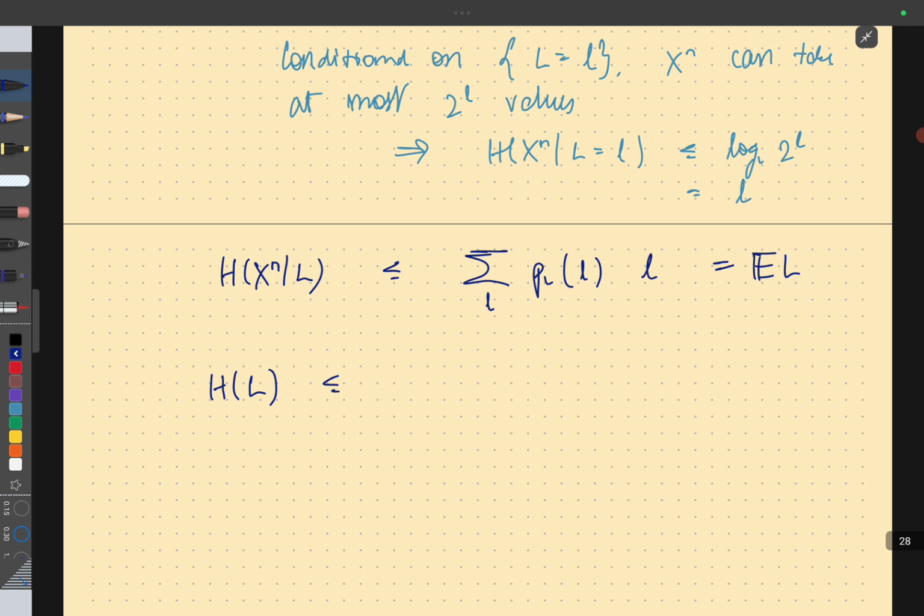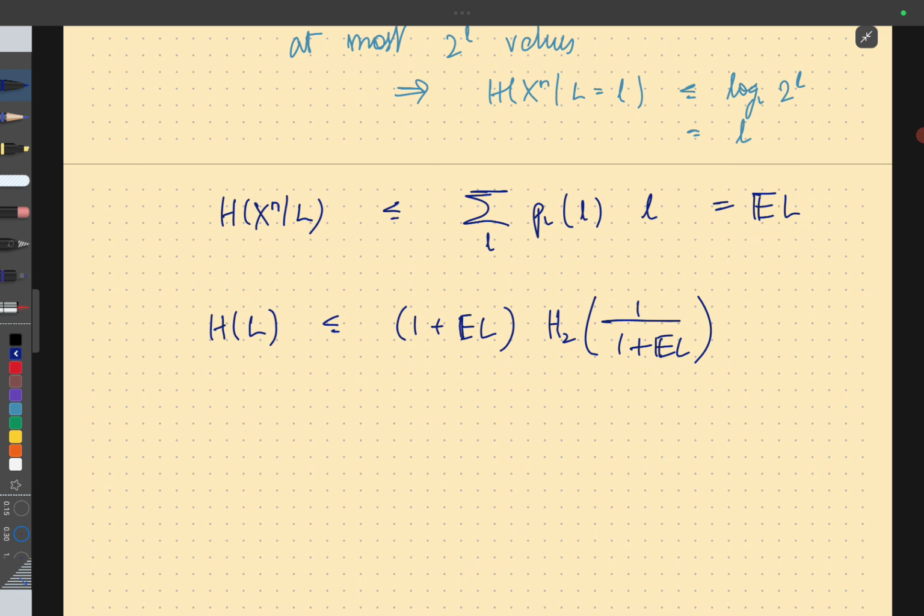So just using the exercise, this is less than or equal to 1 plus expectation of L times the binary entropy of 1 over 1 plus expectation of L. All right, this is from the exercise.